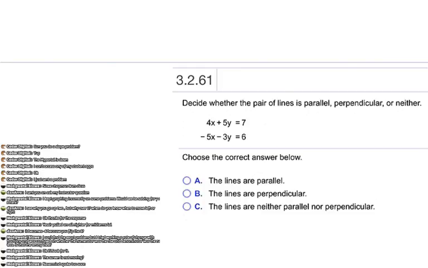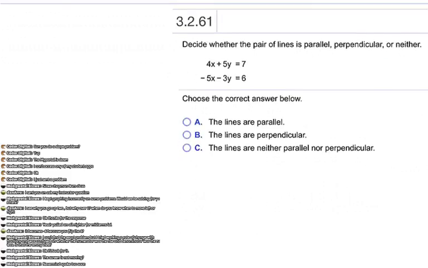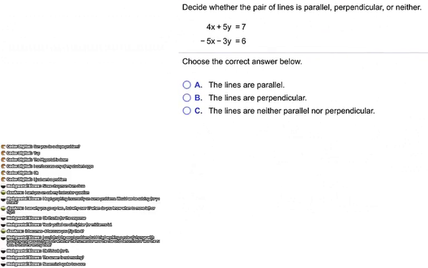So let's look at our example. Now we got these two lines, so this discussion is really all just saying, compare and contrast the slope. So let's look at the first one. We have 4x plus 5y equals 7, right? If we want to find the slope in this context, I would solve for y, getting y equals mx plus b, and then the slope would be right there.